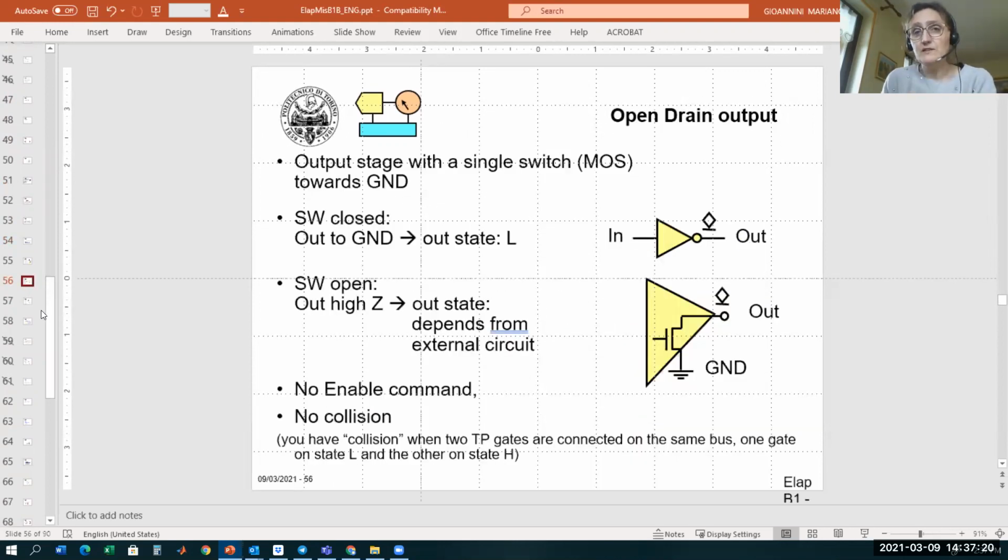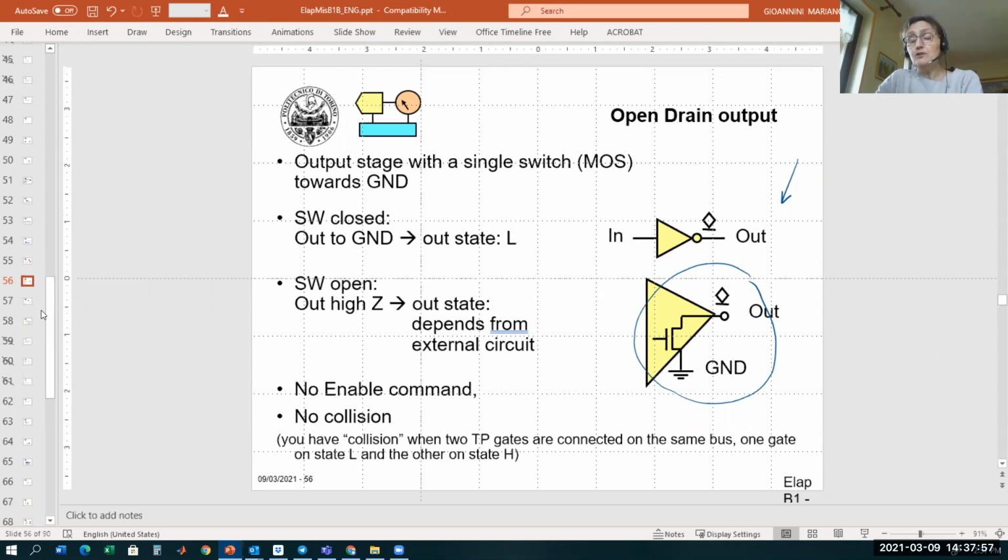So your colleague is referring to this type of interface, the open drain output. As I told you last time, the output interface is composed only of the NMOS. As you can see from here, when the NMOS is on, we guarantee in the output node the low state. So we are always sure that we are able to guarantee the low voltage level.